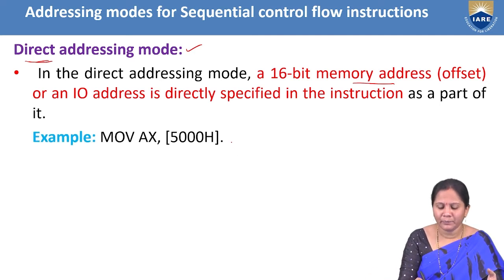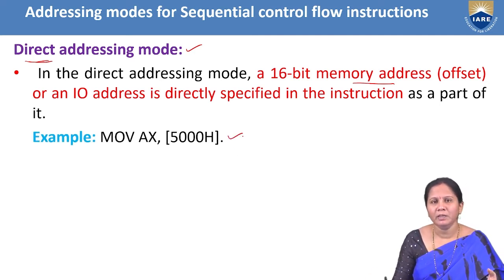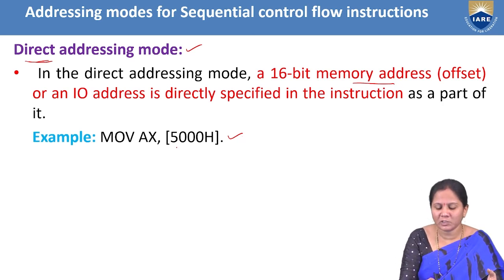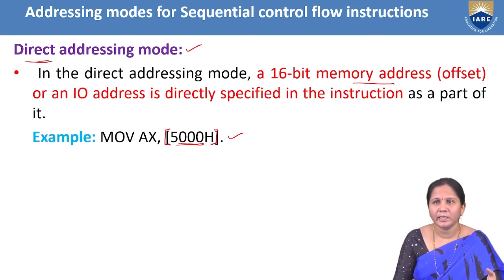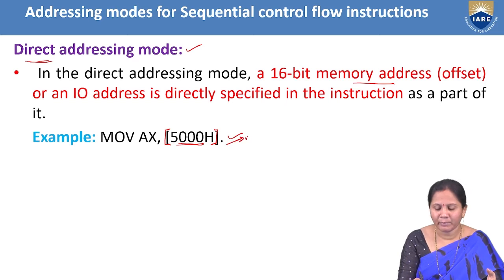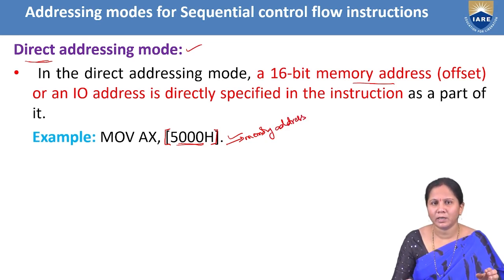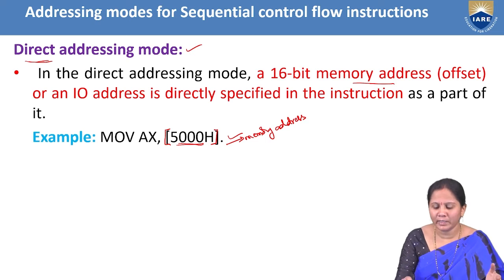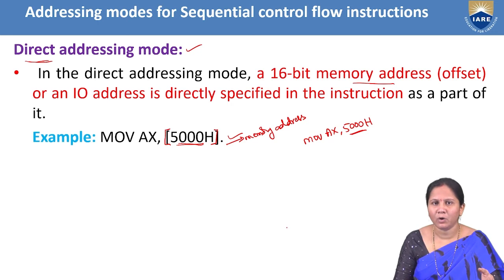This is an example: MOV AX, [5000H]. This 5000H is kept in brackets, which represents that it is a memory address. If 5000H is not kept in brackets, and you simply write MOV AX, 5000H, then 5000H becomes immediate data again, not the address.